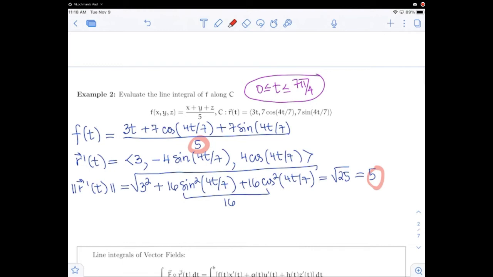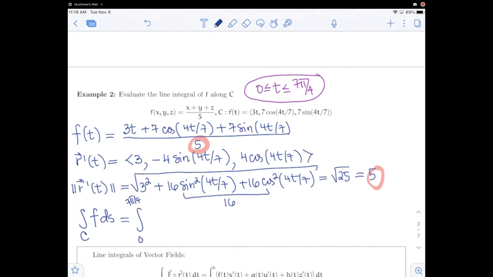Okay, so now let's go ahead and set this up. Our integral is a line integral with a representation of C on the bottom. That stands for curve, okay? That's a standard notation that we will be using of f ds, and that's your compact notation. What is it? Let's go ahead and set this up. Our integral goes from 0 to 7 pi over 4, okay?